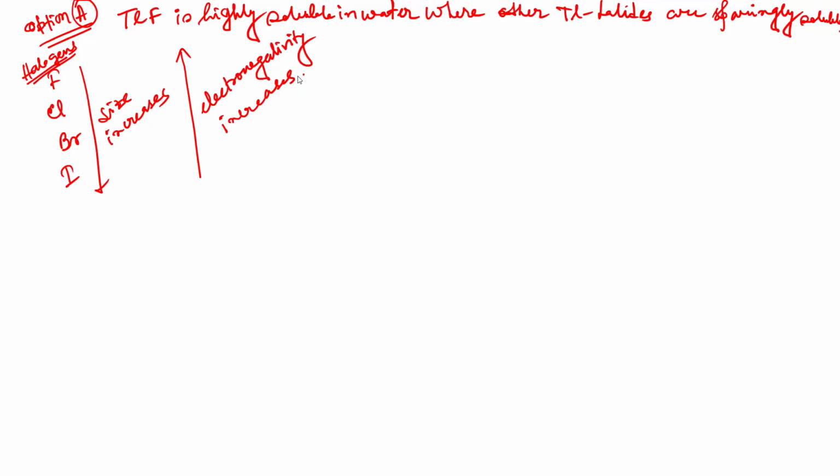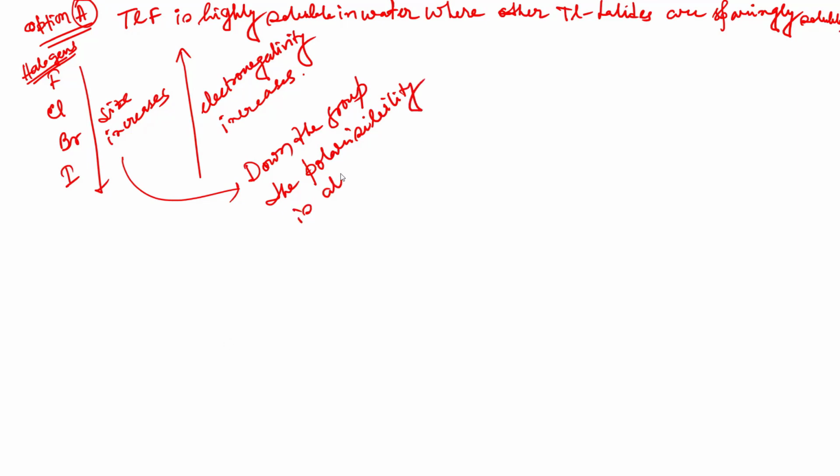Now if you go down the group the size increases because of the opening of new principal quantum number. Because of this lower electronegativity and higher size, down the group the polarizability also increases.